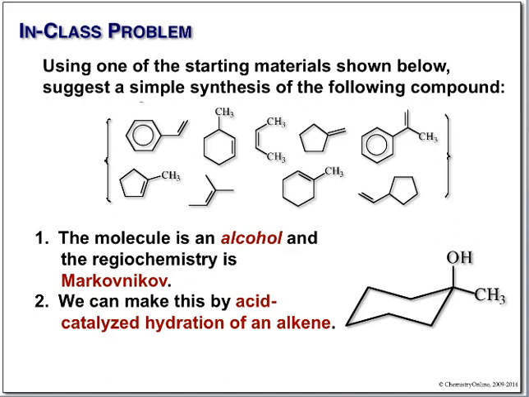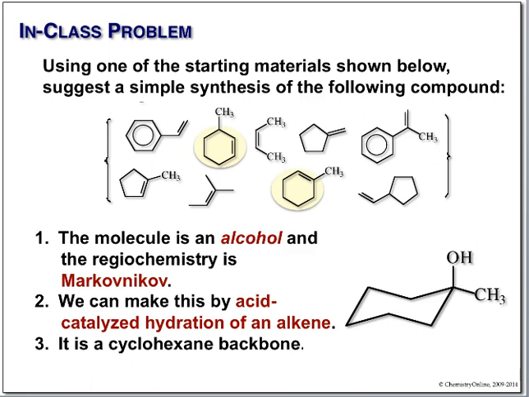So, we look at our list. We're looking for our cyclohexanes. These are these two compounds. So what you have to do is pick which one of these you want to make this guy. Now, how are we going to make this?